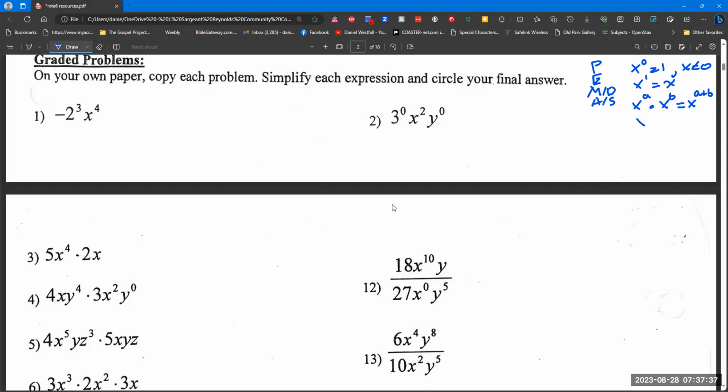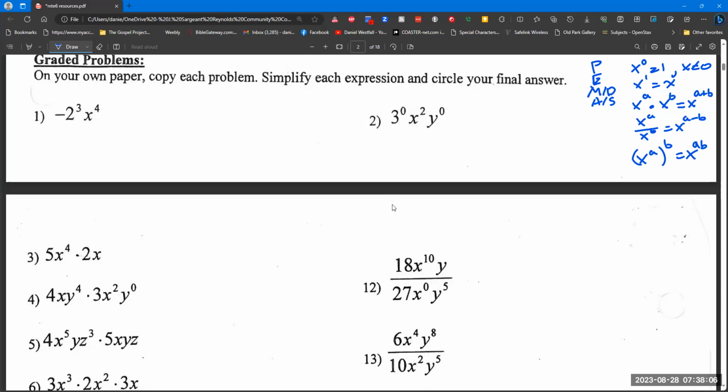When I have x to the a divided by x to the b, I have x to the a minus b. So we say when we multiply like bases, we add the exponents. When we divide like bases, we subtract the exponents. And when I raise a power to a power, x to the a in parentheses raised to the b, we're going to multiply those exponents, x to the ab power.